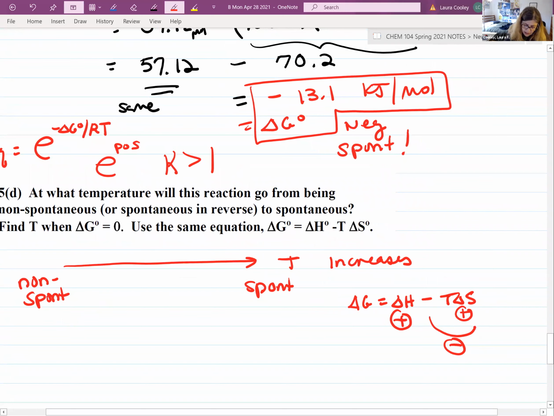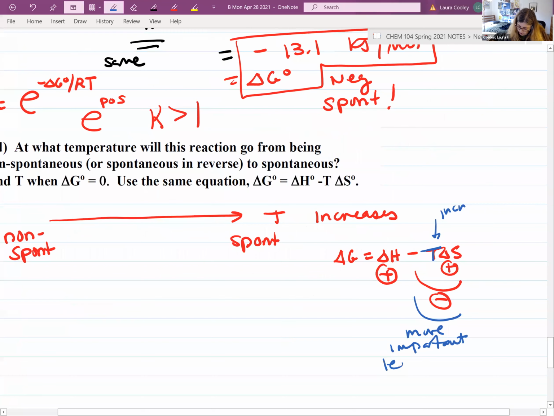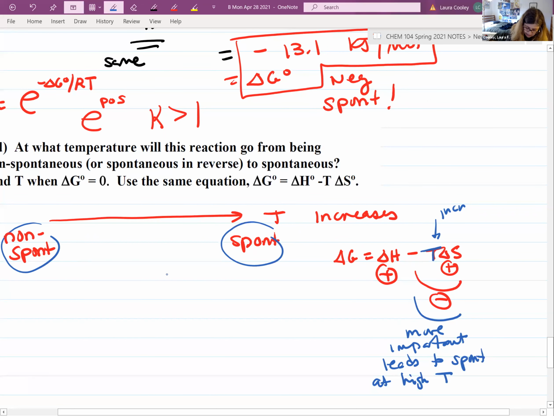So as the temperature grows, as this T goes up, this term becomes more important. And eventually it will dominate, and it leads to spontaneity at high temperatures.